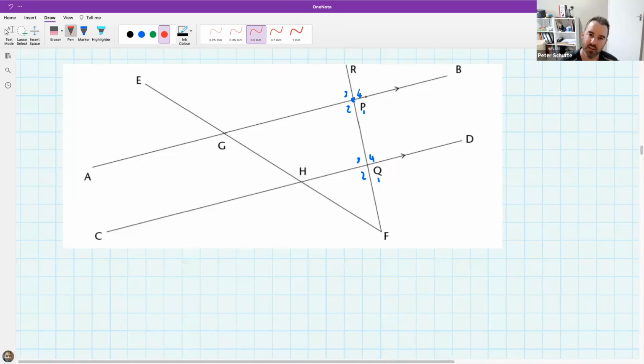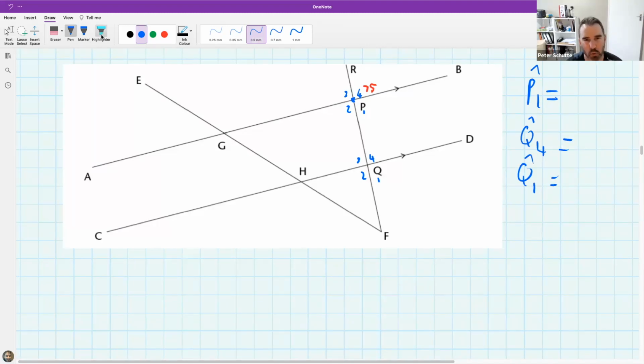Now, I'm going to tell you that this angle over here is going to be, let's have a look here, I'm going to make this 75 degrees. I want to know what is the value of P1, what is the value of the angle Q4, and what is the value of the angle Q1.